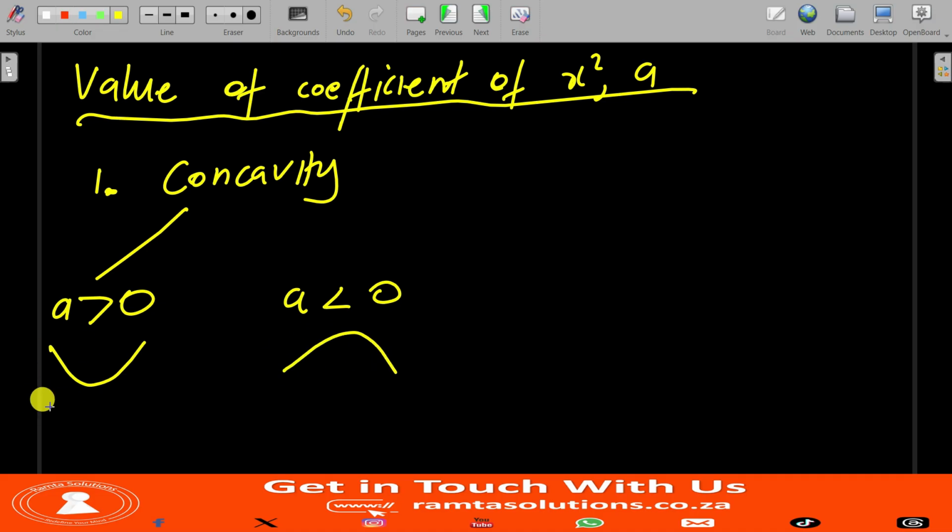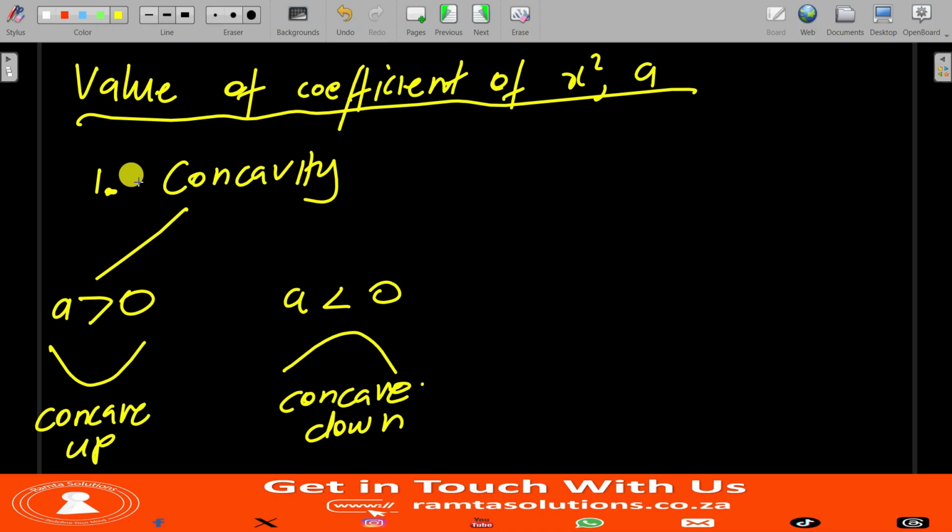One that is smiling is concave up, and one that is frowning is concave down. For the concave up one, the lowest value is the y value of the turning point, but we are going to look at this later.